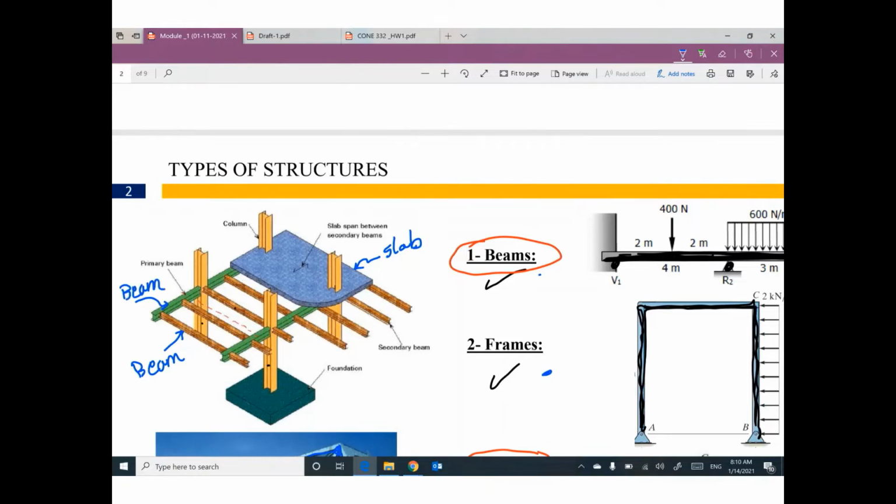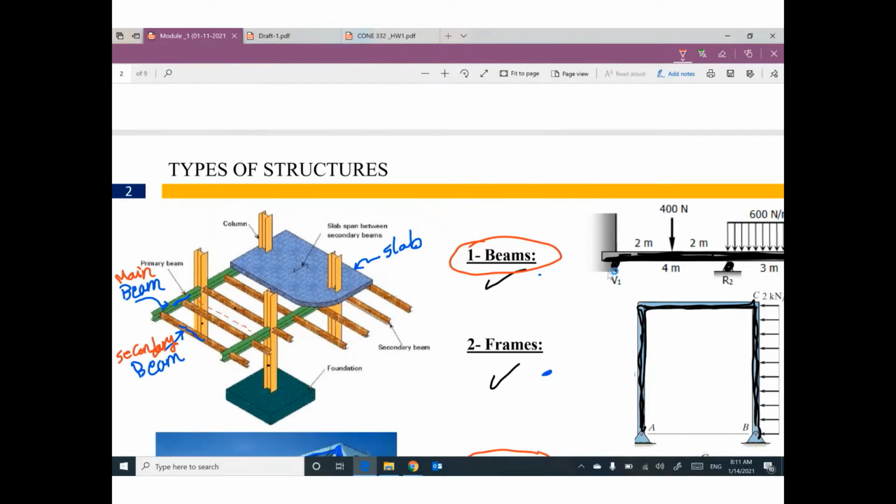What is the main difference between this brown beam and this green beam? Both of them are beams, but what is the difference? Actually, the brown beam can be called secondary beam, and the green one can be called main beam, main girder.